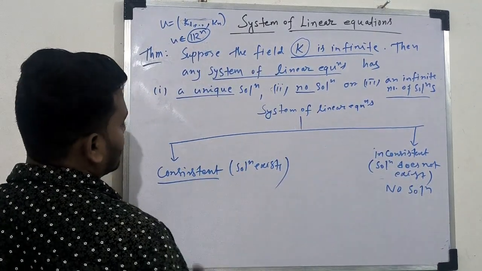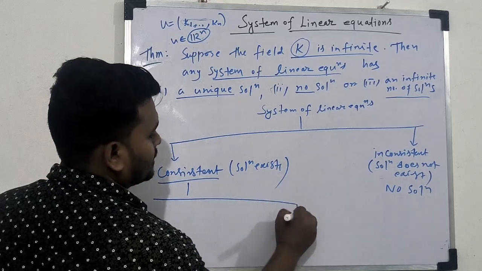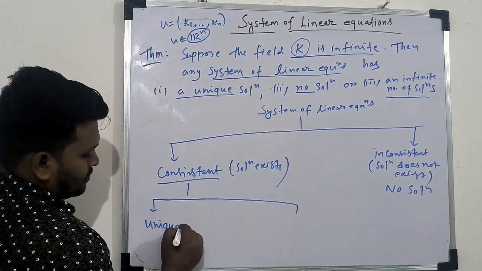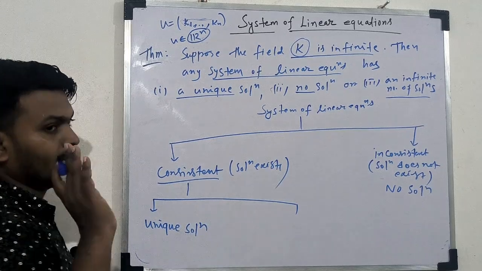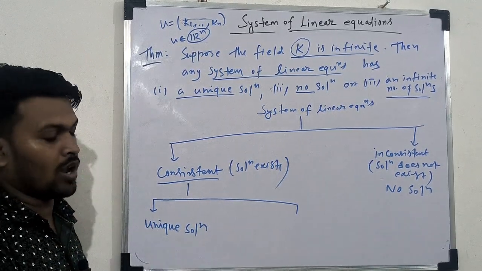And whenever the system of linear equations is consistent, there are two possibilities: there is a unique solution, so only one solution exists. If two solutions exist, then these two are equal.